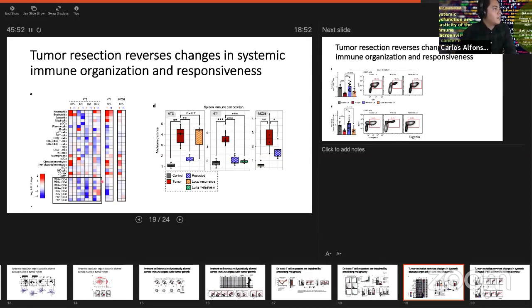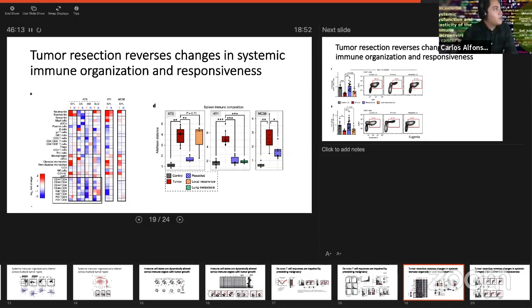One of the interesting things that they found when comparing to the control mice is that once you remove the tumor in this model, you don't have any more differences in the enrichment of the different cell populations.